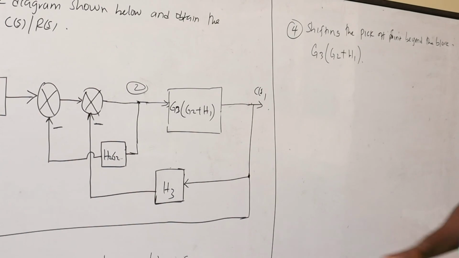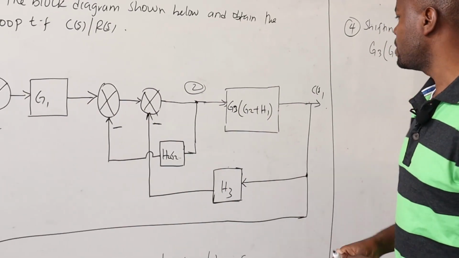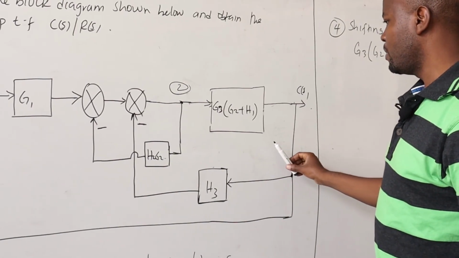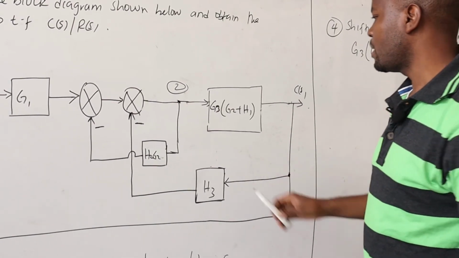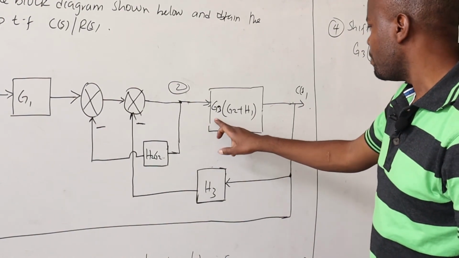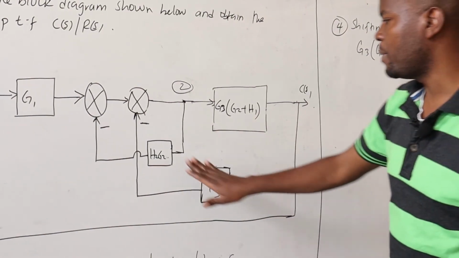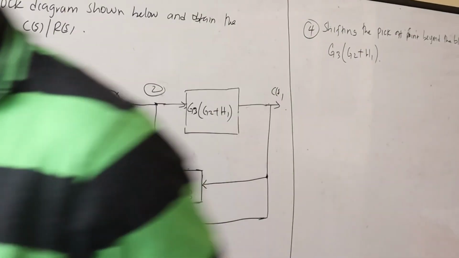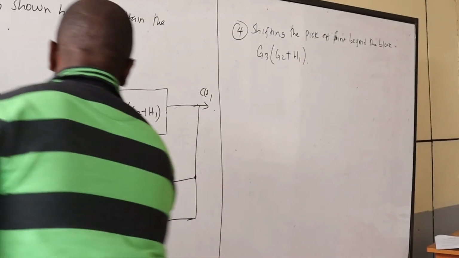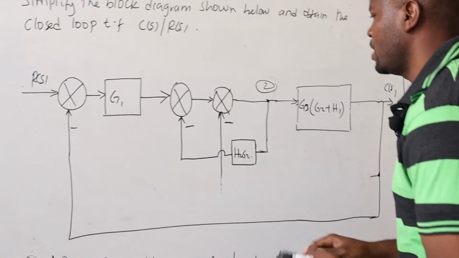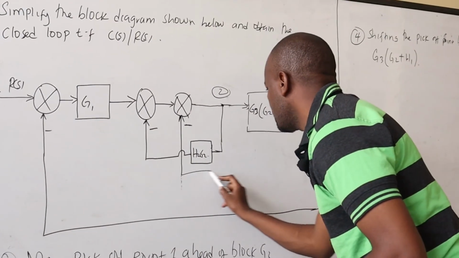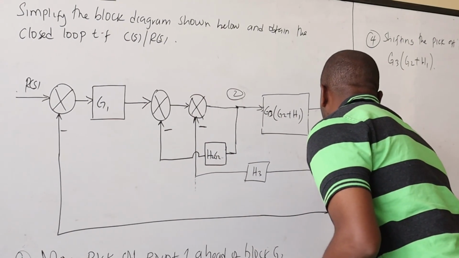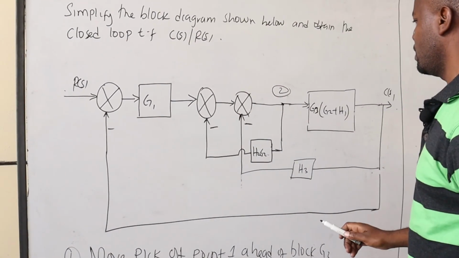If we do that, it means that the signal will come here. Then this one was not there, so we are going to divide by that. We can reorganize this so that we have H3 here.